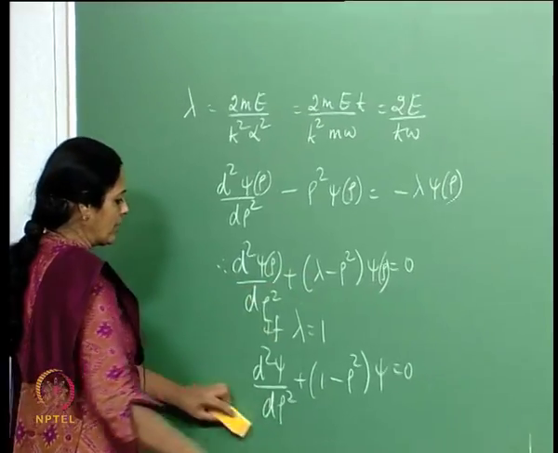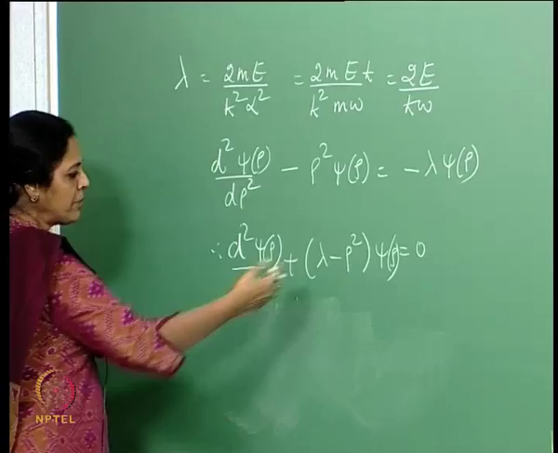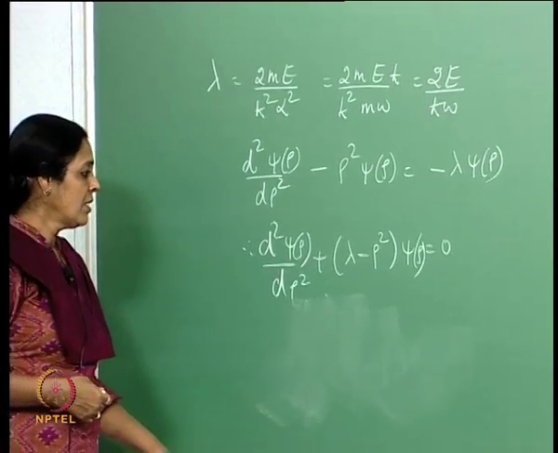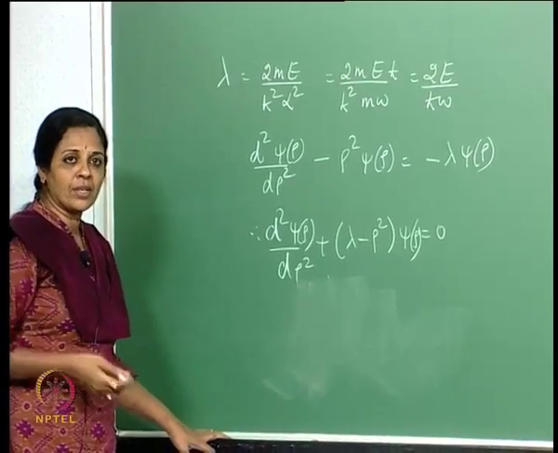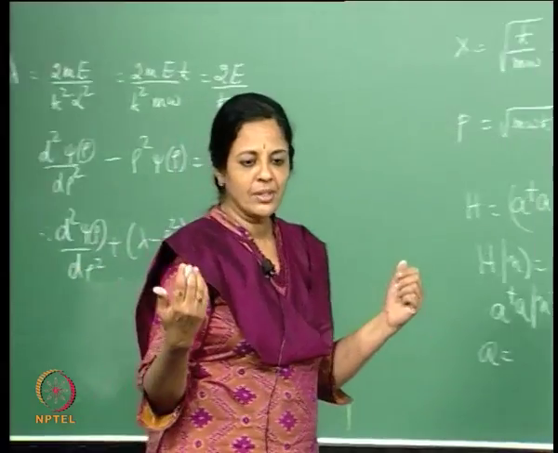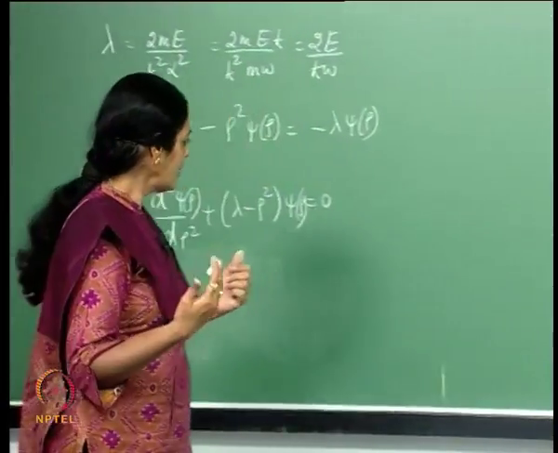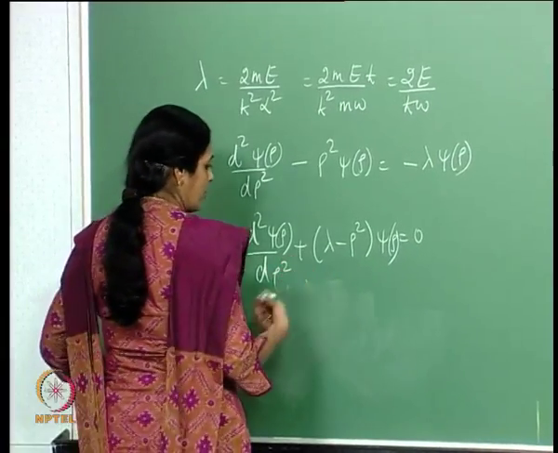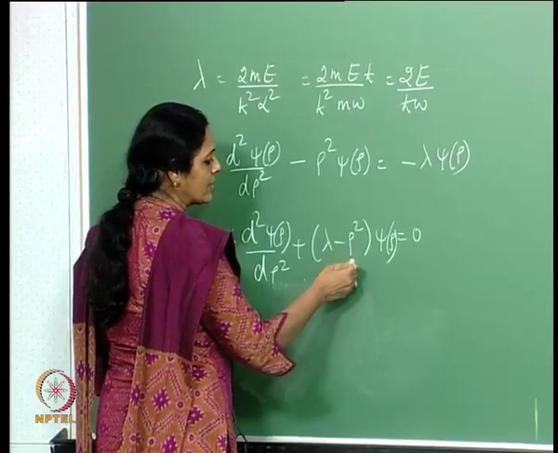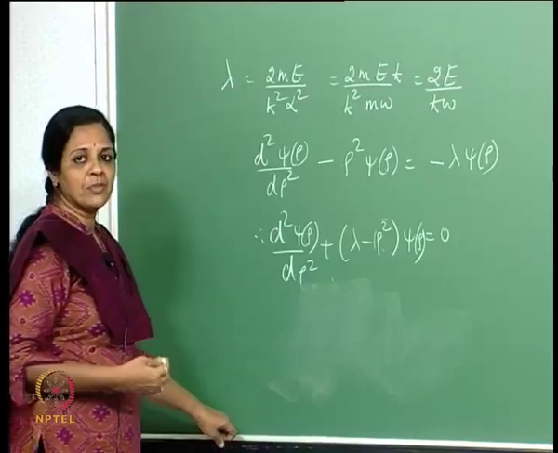Go back to the general equation. Let me look at the asymptotic form of psi of rho, because I know that it has to satisfy boundary conditions. The wave function has to go sufficiently fast to 0 at spatial infinity, that is as rho goes to plus minus infinity. But when rho goes to plus minus infinity, this object overpowers this, and really the value of lambda becomes immaterial.